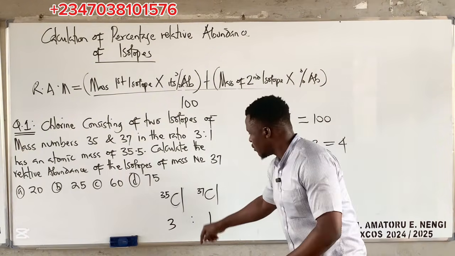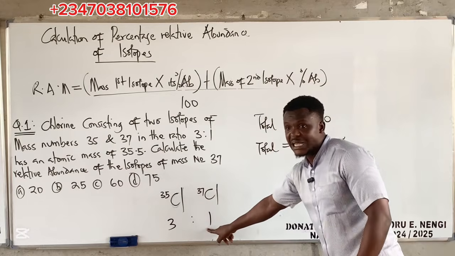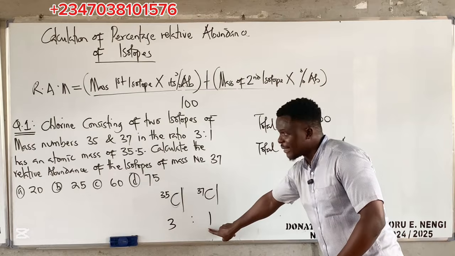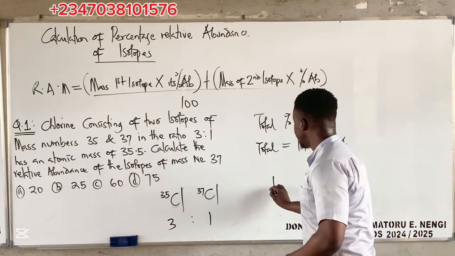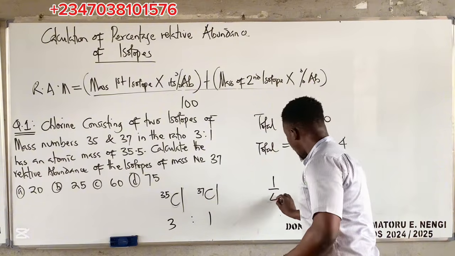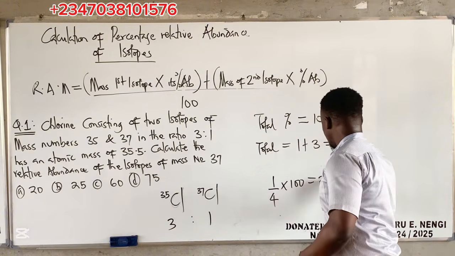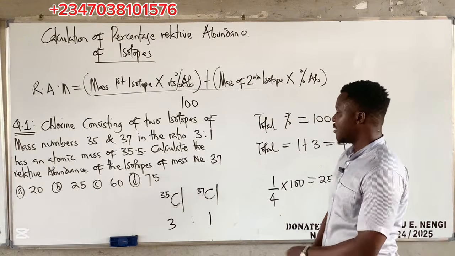Out of these 4, 35 is contributing 3, is it not so? 37 is contributing how many? 1. So for me to find the percentage contributed by this one, right? I'll now say 1 divided by what? 4, which is the total, is it not so? Times what? 100. That is what? 25%. And what is the answer here?